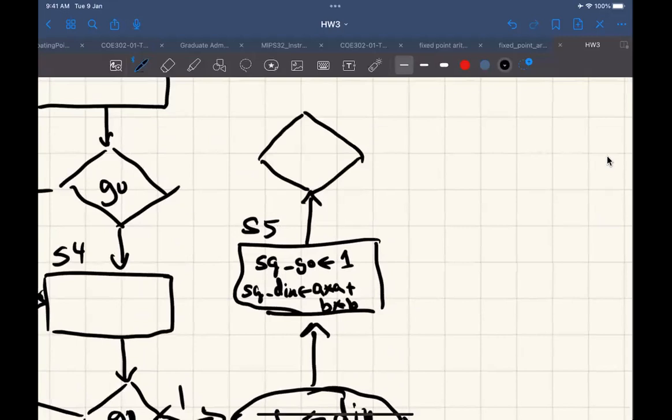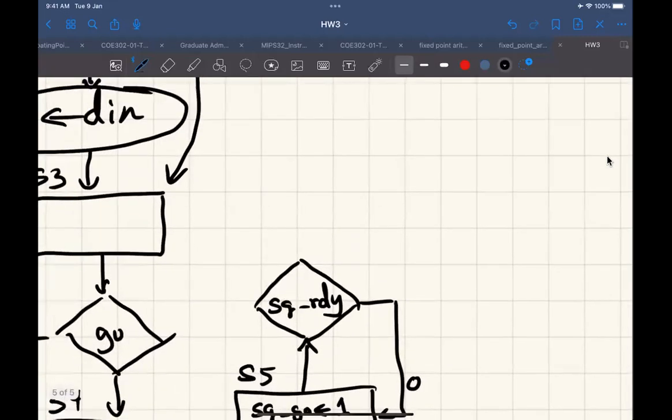I check for square root ready, yeah? All right, and if that is a 0, then I get back here, stay in this state. Otherwise, what do I do?